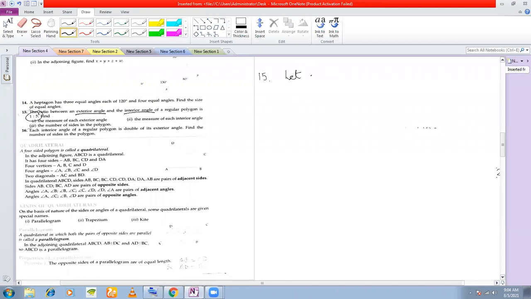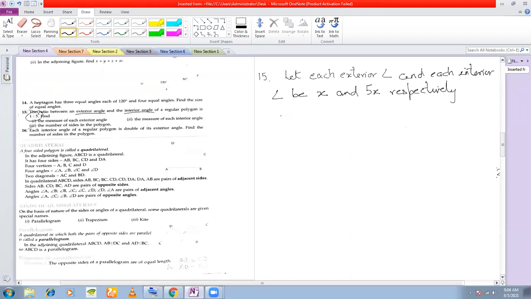So I can take, let each exterior angle and each interior angle be, since the ratio is 1:5, you can take this as x and 5x respectively. Right? So each exterior angle is x, each interior angle is 5x.